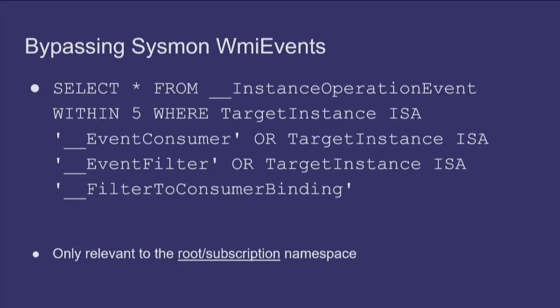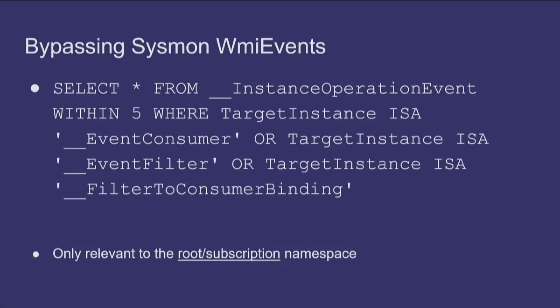So this is casting a relatively wide net on WMI persistence, whether you're creating or modifying existing legitimate WMI persistence, where the target instance is of what WMI class type? Event consumer. So a consumer is where you insert code. That could be a command line event consumer, so execute PowerShell.exe, whatever.